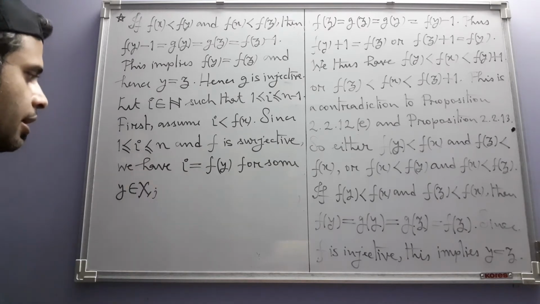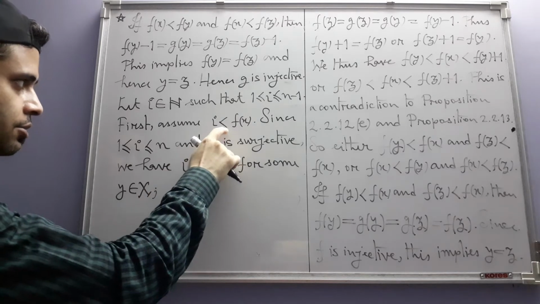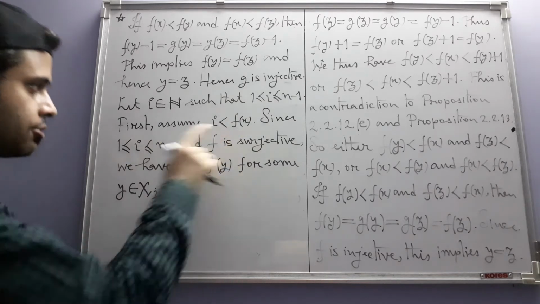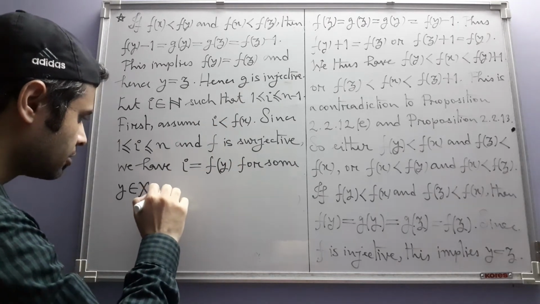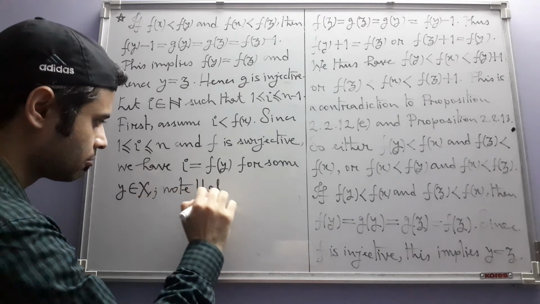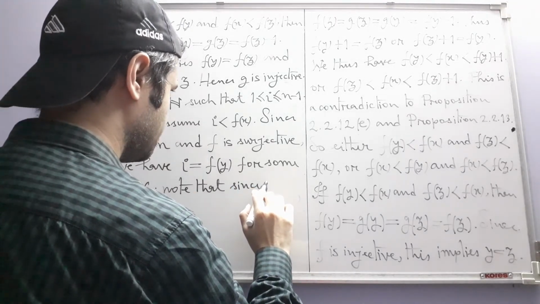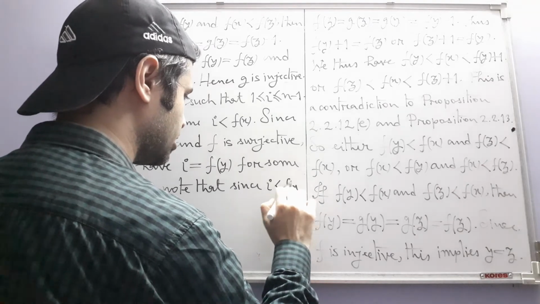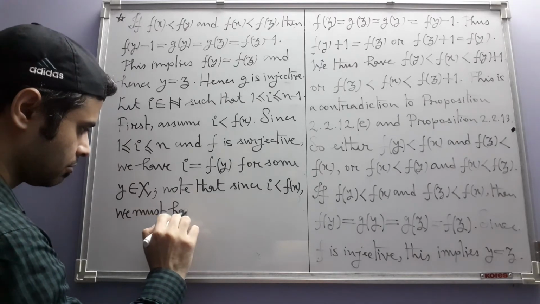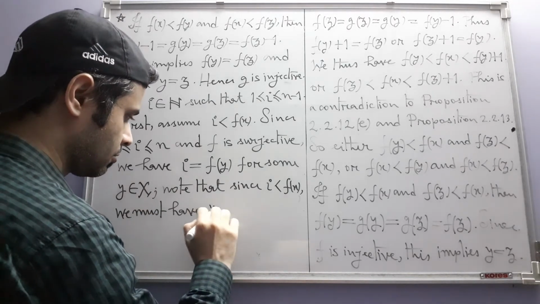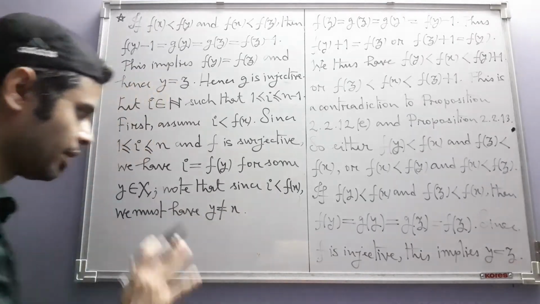But now we note something else. Y is not only coming from x, but because of this condition, y cannot be equal to x, because in that case f of x will be less than f of x. Note that since I is less than fx, we must have y not equal to x. Okay, now look at the situation.